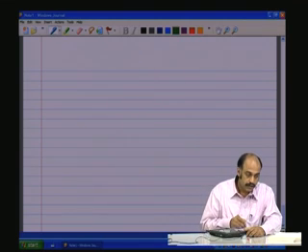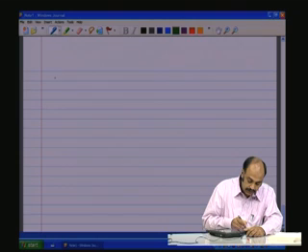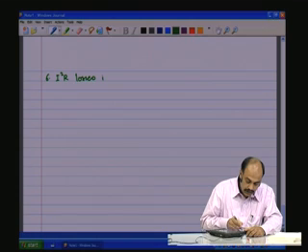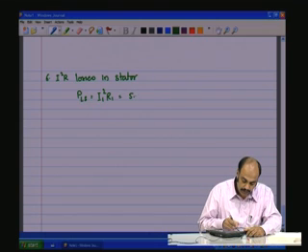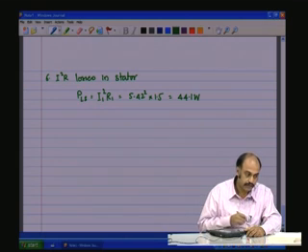Next, the I square R losses in the stator: P loss stator is equal to I1 square R1, which is 5.42 square into 1.5, that is equal to 44.1 watts.